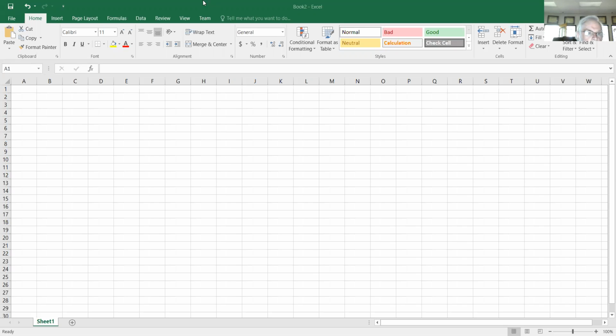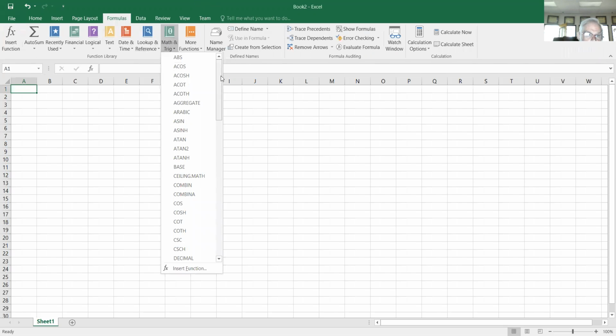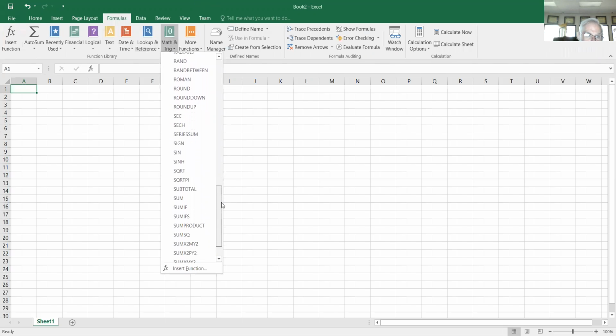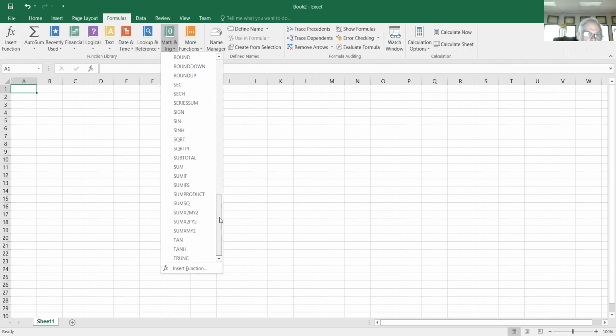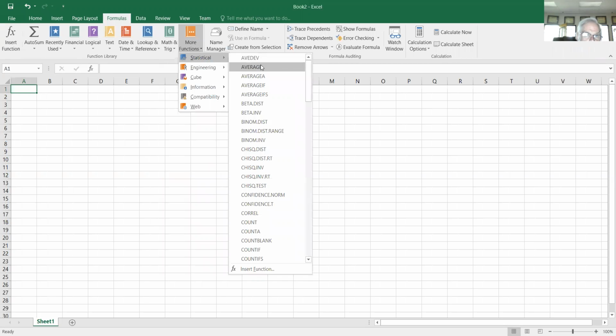One thing you have to remember, let's look at the formulas that we have a choice of. Note here we have math and trig. Under more functions, we have statistical.